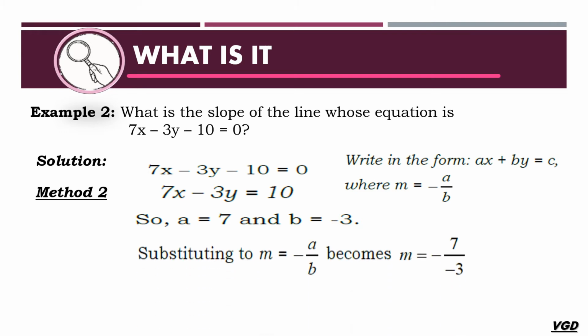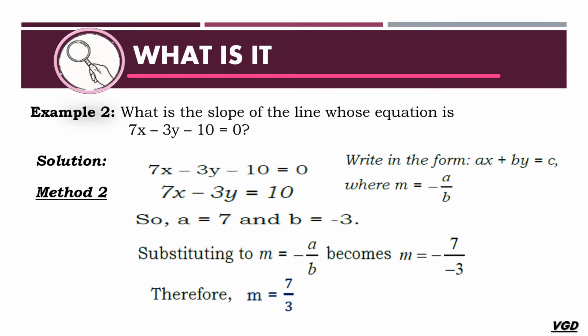And m equal to negative a over b, it will become m is equal to negative 7 over negative 3 as we substitute to the formula. So the answer is m is equal to 7/3.